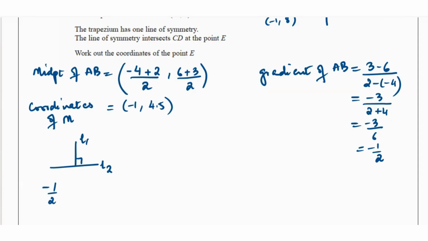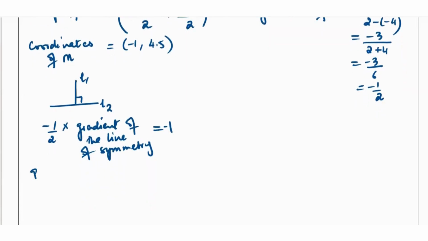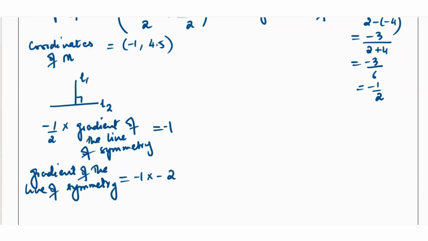Hence, negative 1 over 2 times the gradient of the line of symmetry equals negative 1, which means the gradient of the line of symmetry is going to be negative 1 times negative 2, cross multiply, which is positive 2.